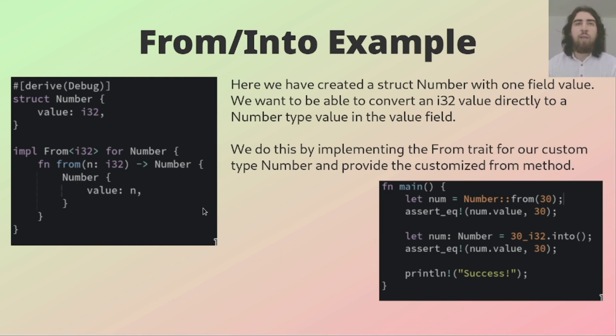And I've told you that when you implement the From trait, the Into trait is automatically implemented, meaning we can also call the into method on the type we want to convert. But when you use into, a type annotation is needed, so the compiler knows into what type you want to convert this type. So we convert here an i32 into a Number, and this would be the implementation.